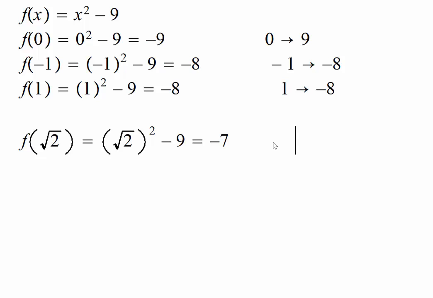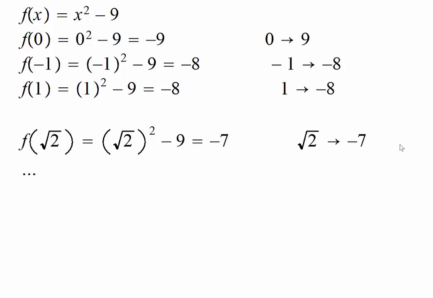And for square root of 2, it gives an output of -7, or in other words, it assigns -7 as the value to square root of 2. So that's how a function behaves, and as I said, we are going to define a function more precisely a little later.